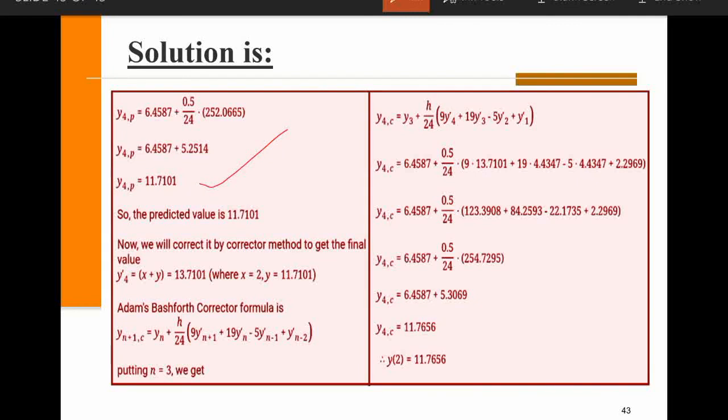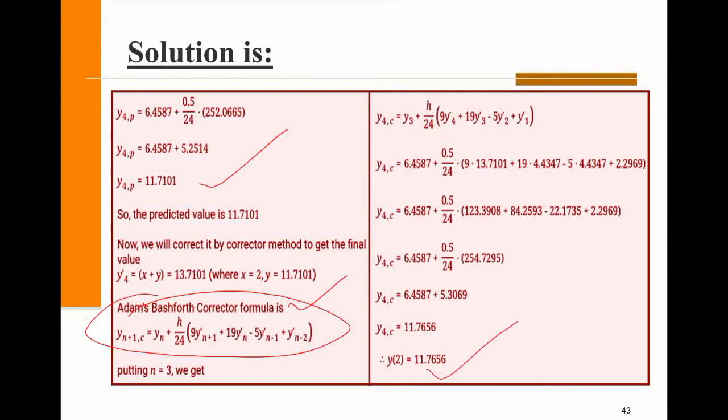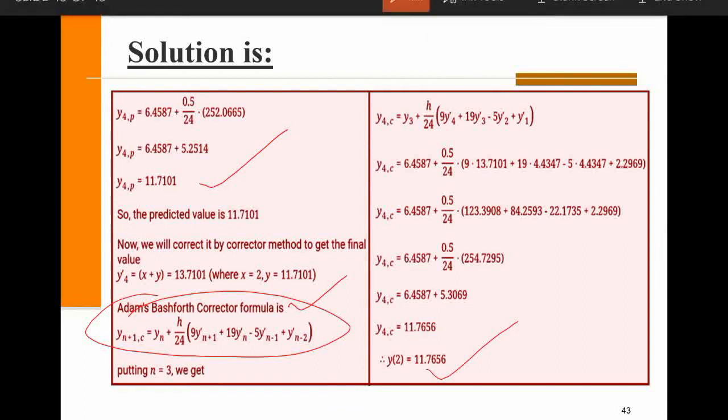After getting the predicted value, we will correct the value with the help of the correction technique. So this is the correction technique of the Adams-Bashforth formula. Just substitute your predicted value here, and you will get the corrected value. Now see the results. This is your y4 with the help of Adams-Bashforth.